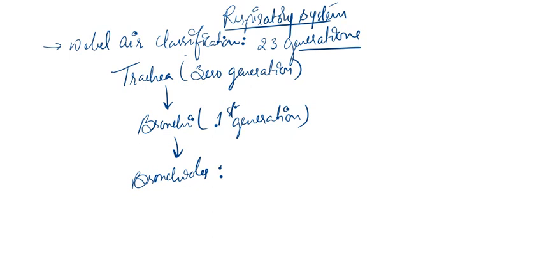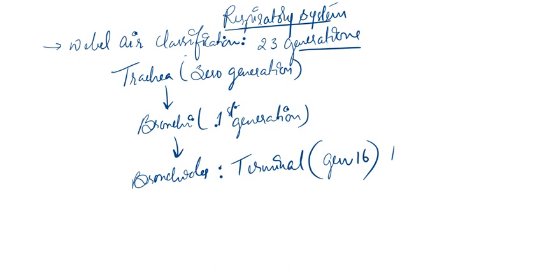You take it up to the terminal bronchioles, which refer to the 16th generation.